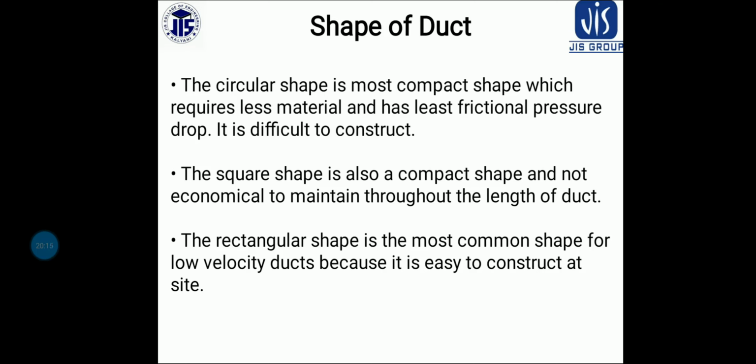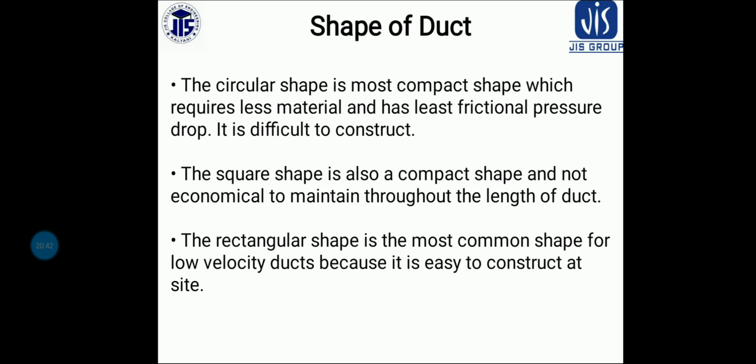That is, the fan has to work against a head. As this head increases, the fan will need higher power, and furthermore, as velocity increases, the noise level due to air motion also increases.